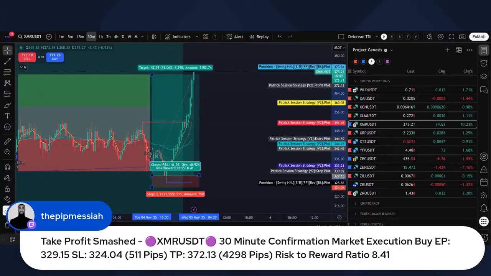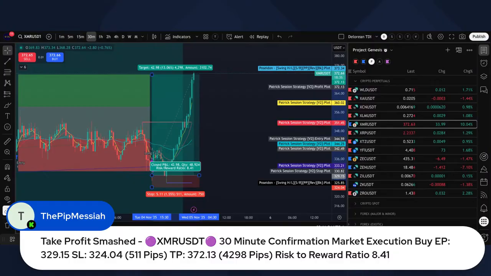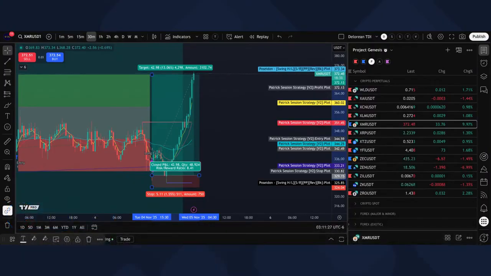And we got a take profit smashed on Monero versus Tether. That's for 4,298 pips.